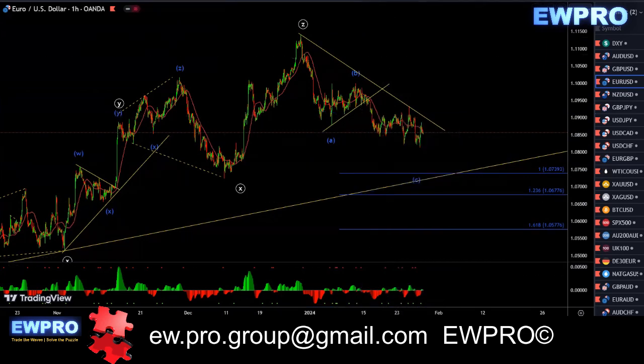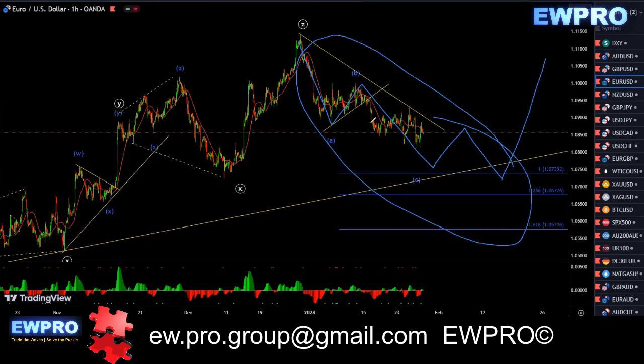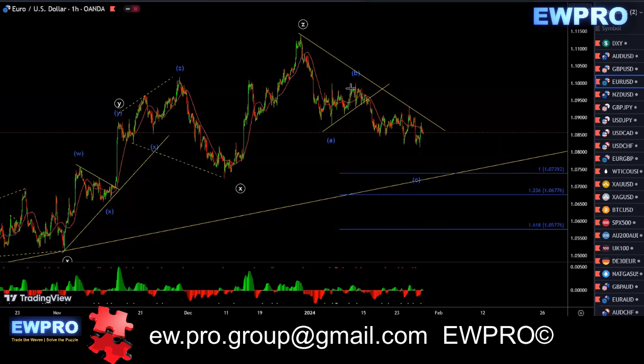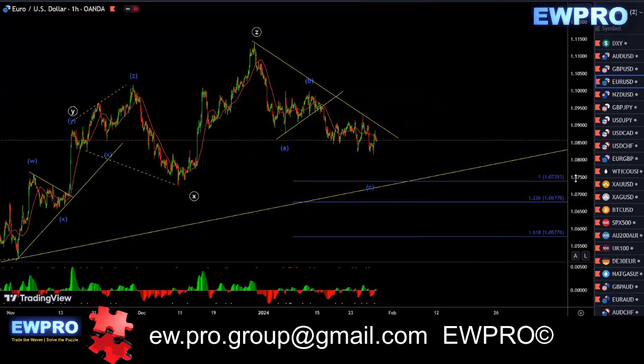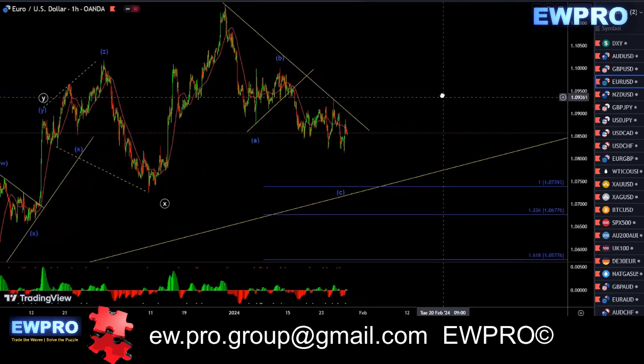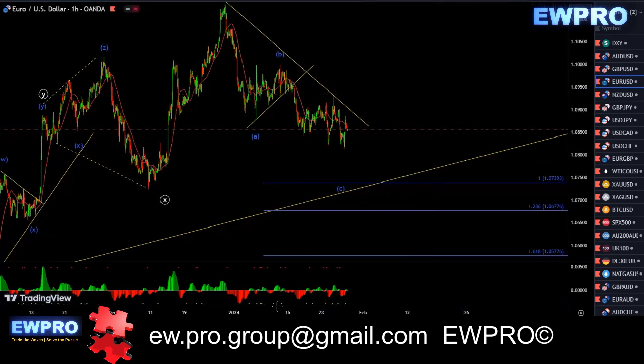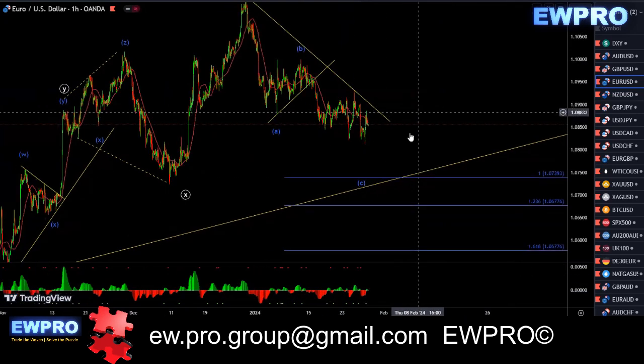So I wouldn't be surprised if this gives a little bit more downside before we get a buy setup to buy it. I'm just really waiting for a buy setup, but again, it's not giving us that buy setup. We're getting all this bullish divergence, so really just waiting for a buy setup.